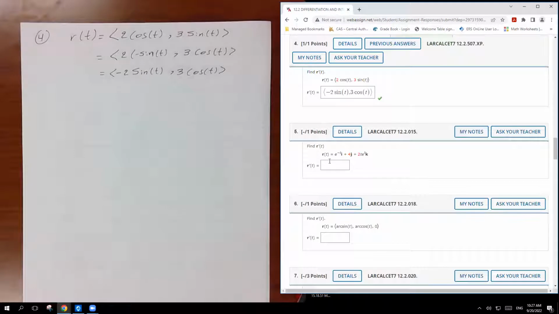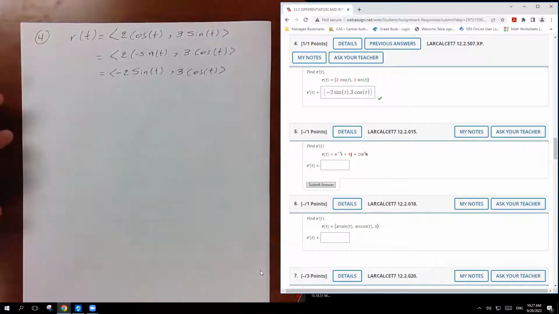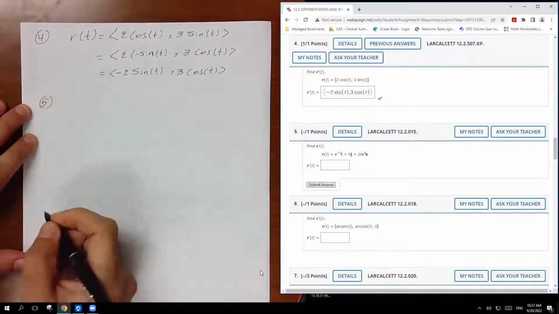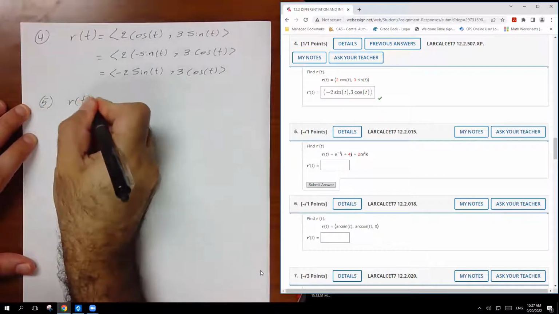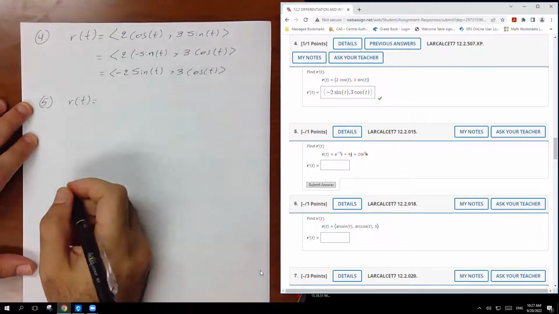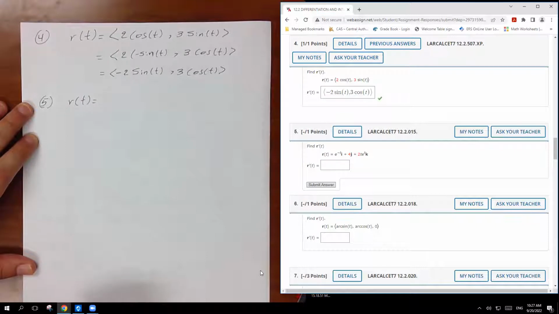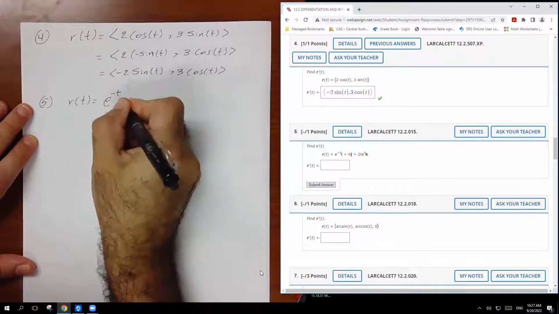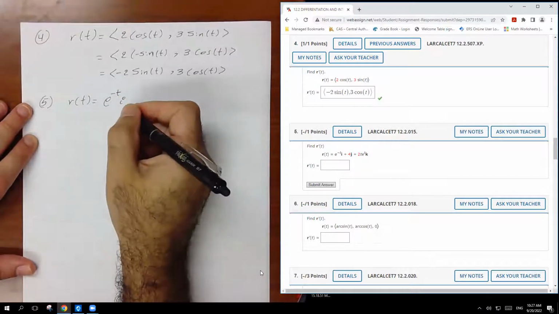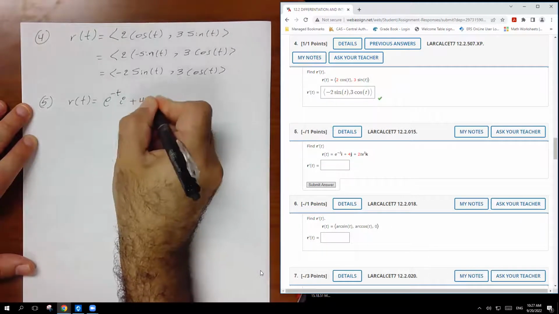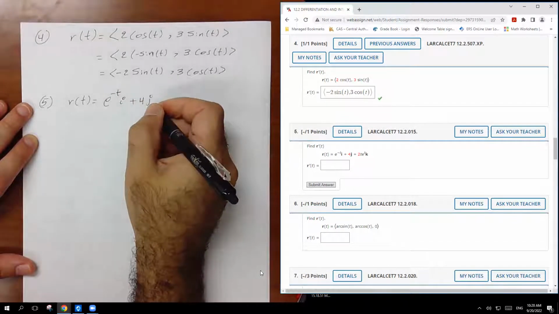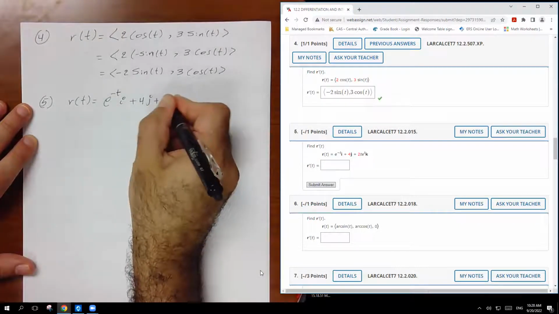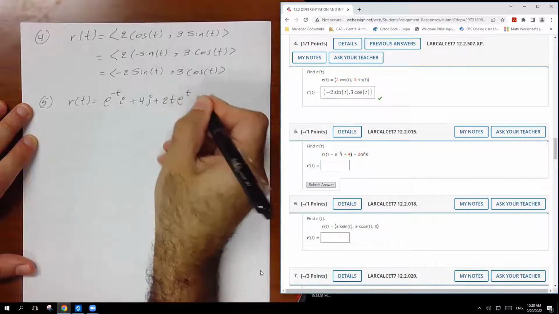Now with the next example, example 5, it's a 3D case. That means we're working with the space i, j, k, so we're going to do exactly the same steps. Example 5: r of t equals e to the -t i plus 4j plus 2t e to the power t k.